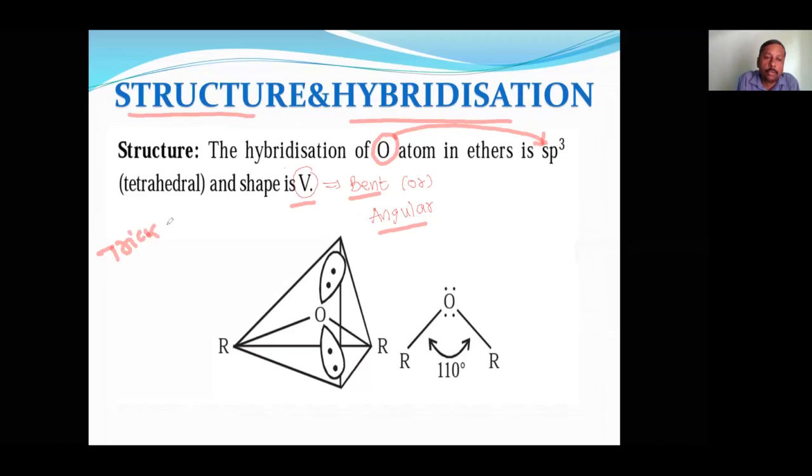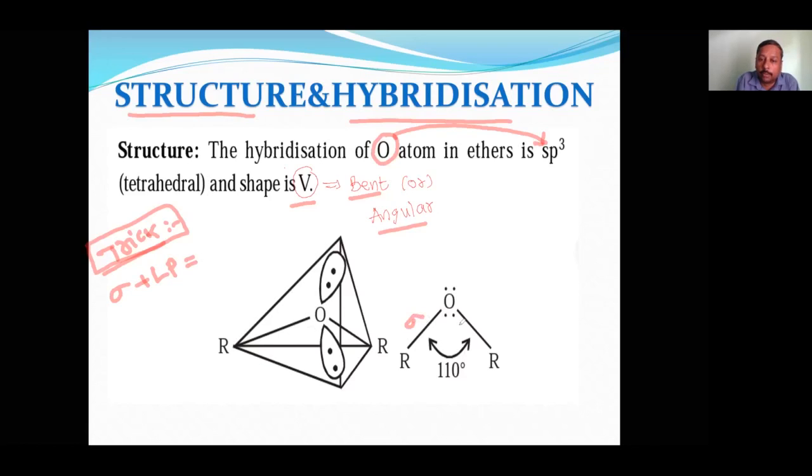So there is a trick. I told you I will tell you the tricks and some important questions from previous examinations. It may take a long time because we are covering the entire chapter, but you should not lose your interest. The trick is: add the number of sigma bonds and lone pairs.